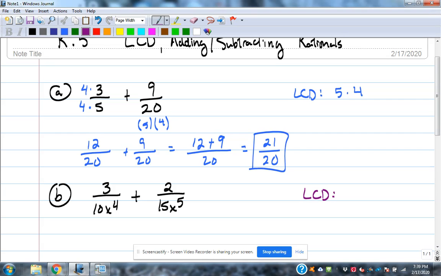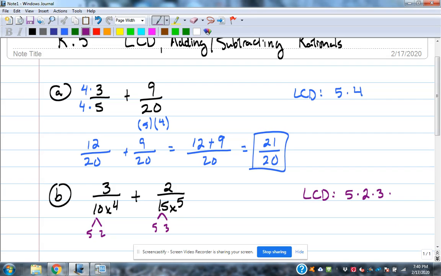To be a least common denominator, though, we need to have all of those things there. So we have the 5, that the 10 is, y'all said, was 5 times 2, and the 15 was 5 times 3. They've got the 5 in common, and then you get the things that they don't share. They don't share a 2 and they don't share a 3. So those need to be in the least common denominator. Times 2 times 3. And then y'all said they shared 4 x's, but this one had 5.